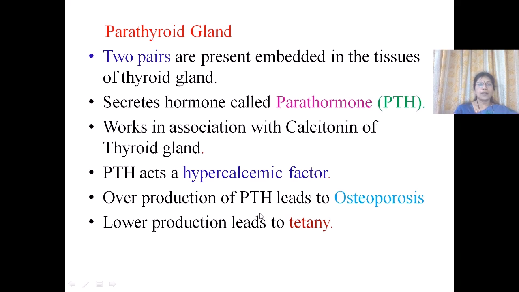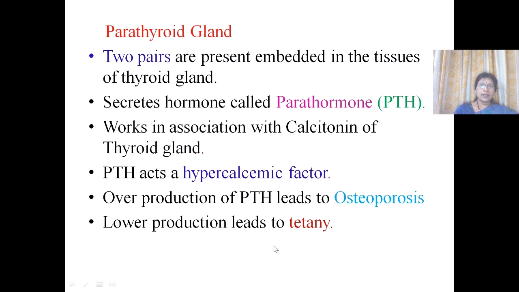Overproduction of parathormone leads to a condition called osteoporosis. In this condition, calcium ions are released from bone to the blood so that the bones become fragile, thin and easily broken.